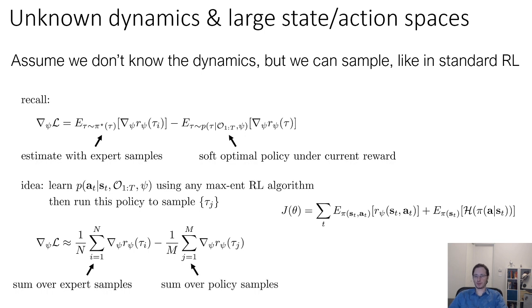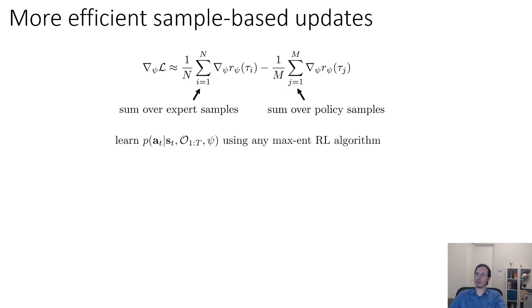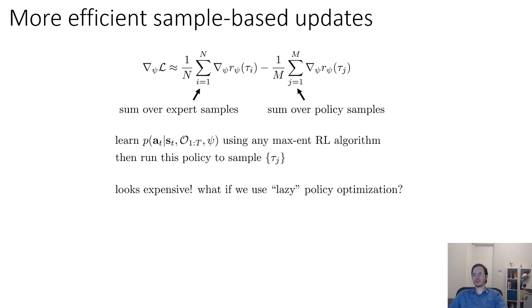Yeah, so the first sum is over the expert samples, the second sum is over policy samples. So this is the intractable procedure. Learn the policy using any maxent RL algorithm and then run the policy to sample the trajectories. What if we instead have some kind of lazy policy optimization procedure?